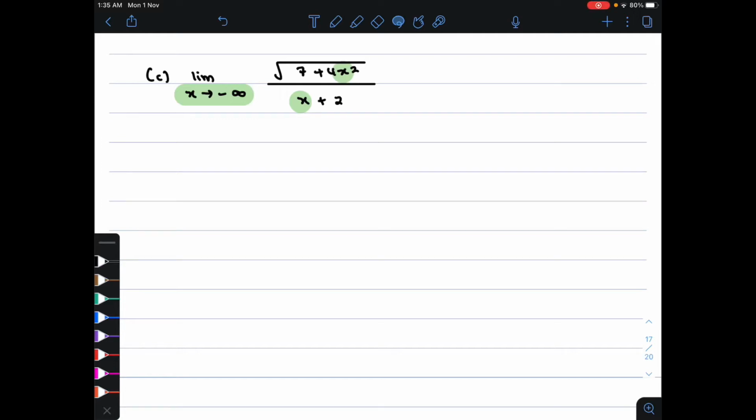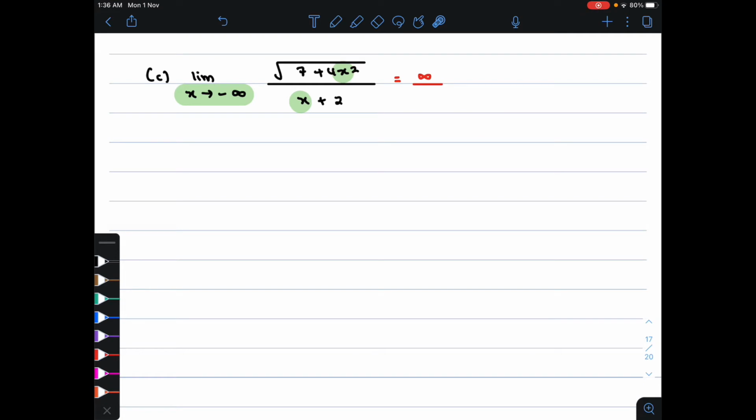For question C, we substitute x equal to negative infinity into our function. So x is negative infinity. If you substitute into the numerator, x squared is infinity, and hence 4x squared is still infinity, and hence 7 plus 4x squared is still infinity, and therefore square root of infinity is still infinity.